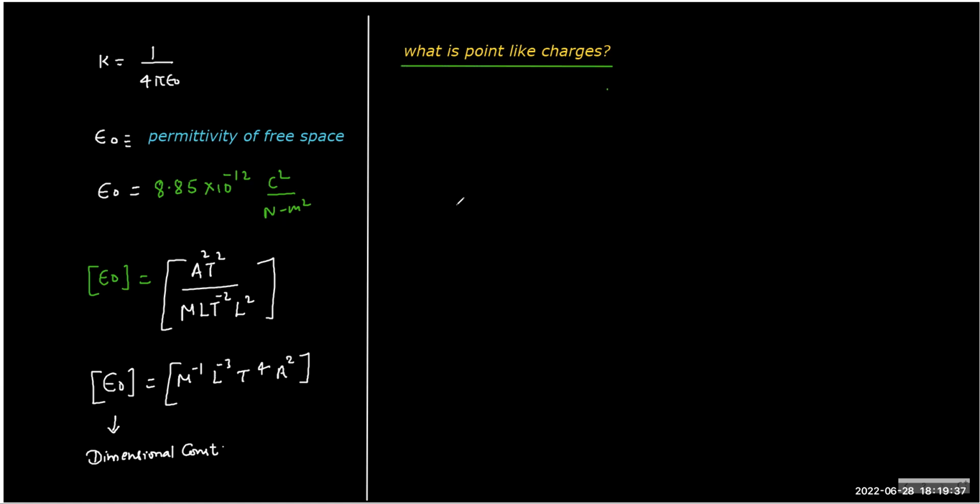If you have two charges and each charge has a random shape, it will have its own dimension.